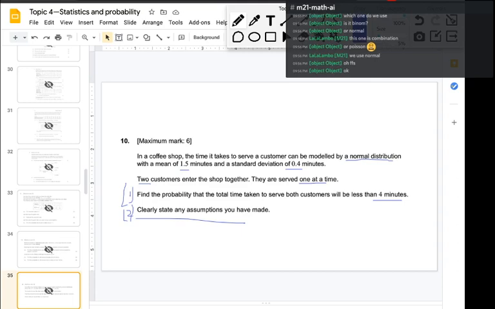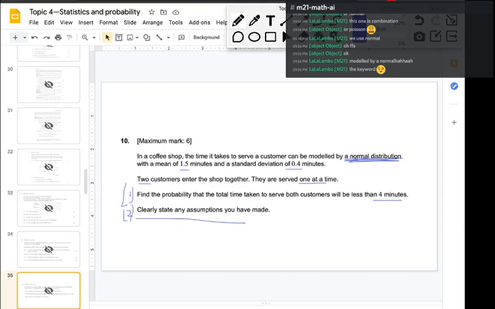Poisson? There were a lot of Poisson questions before. But this clearly states normal distribution, so if it states normal distribution, then it's normal distribution. You can't try to bend it.